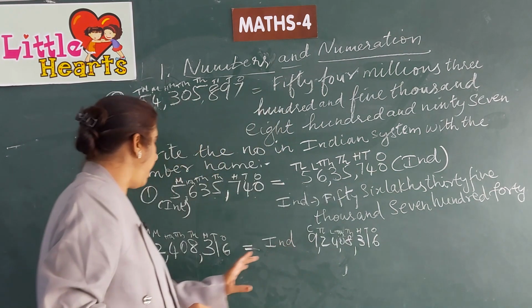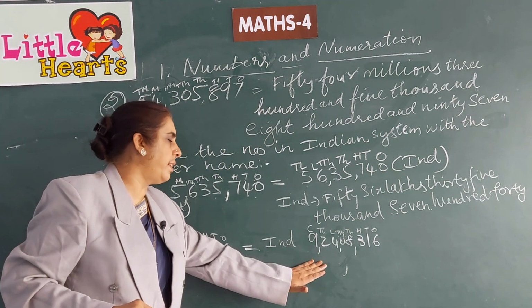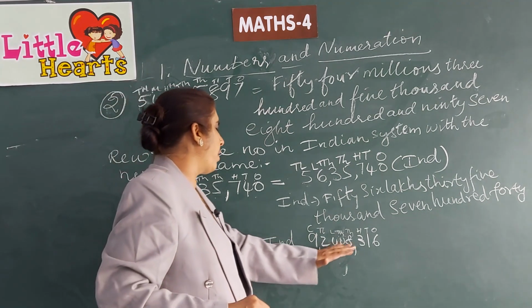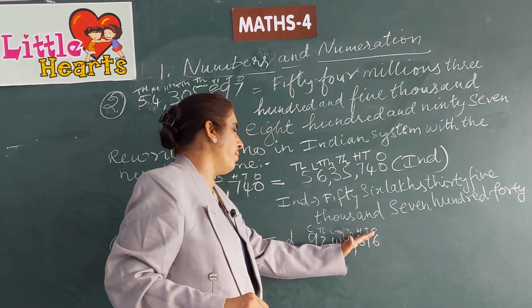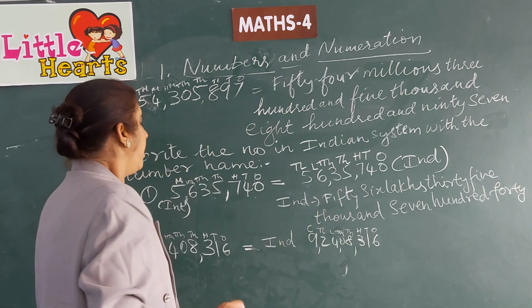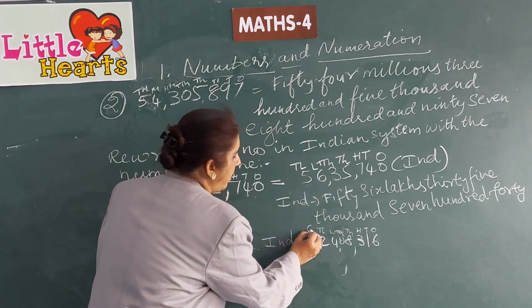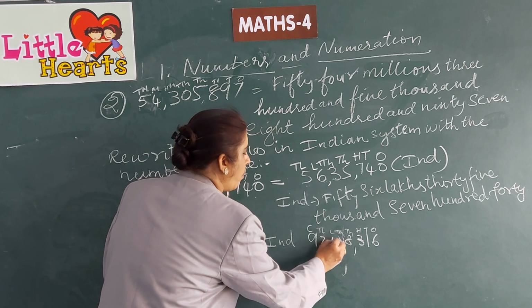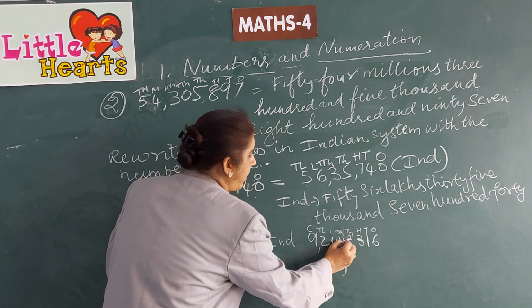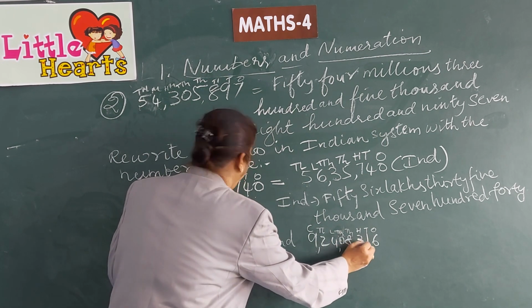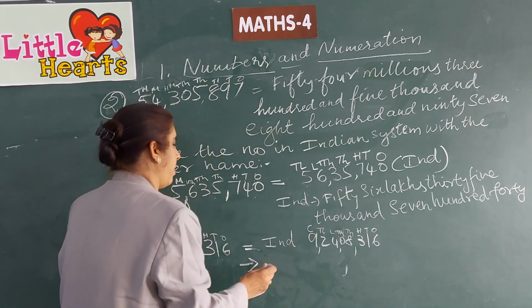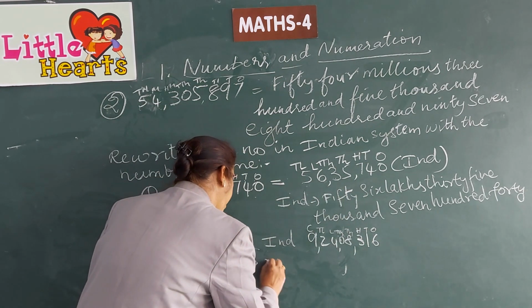We have just changed the commas and written the places according to the Indian system or Indian place value chart. Now, how do we read and write it? 9 crores 24 lakhs 8,316 according to the place values.